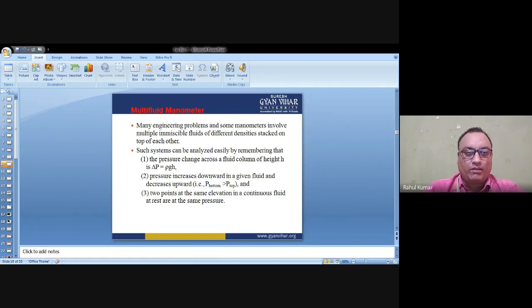Some manometers use one reservoir, and this reservoir contains different types of fluid.